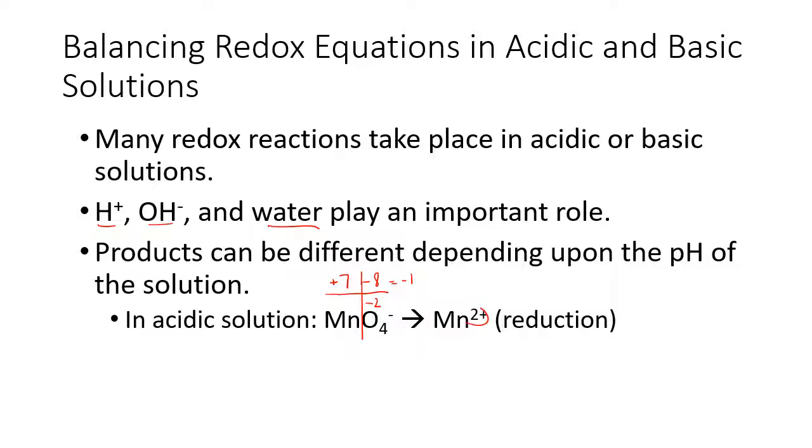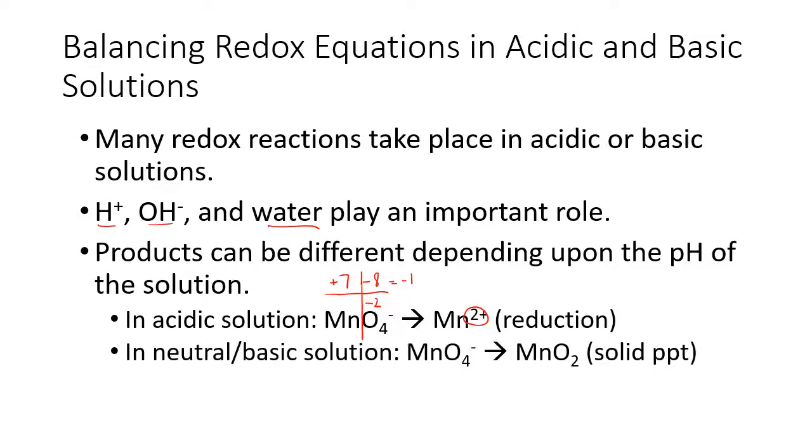It gets reduced down to a +2. Whereas in basic solution or a neutral solution, that same permanganate ion turns into manganese 4 oxide. This is a solid precipitate and a totally different product than our Mn2+ ion. So the pH of the solution determines the products and the species in the overall balanced equation.